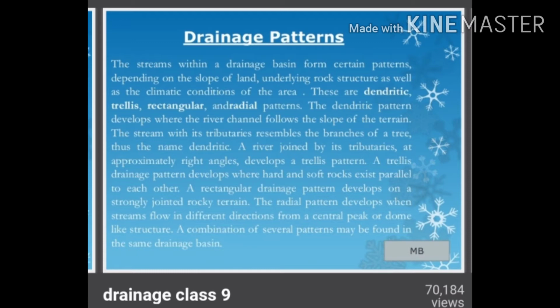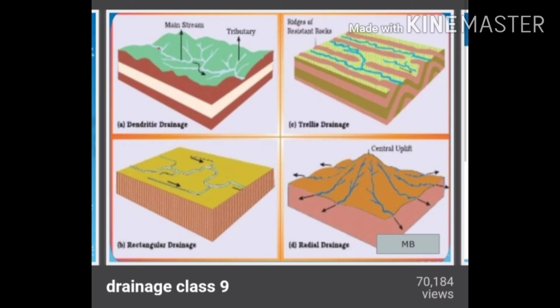Right, now we will look at the figure about this. As in the first figure, it is a dendritic pattern. As you can see, the major river and its tributaries seem like a tree and its branches. And the second is a rectangular drainage pattern, where you can see that the river is being cut into a rectangular form because of the hard surface.